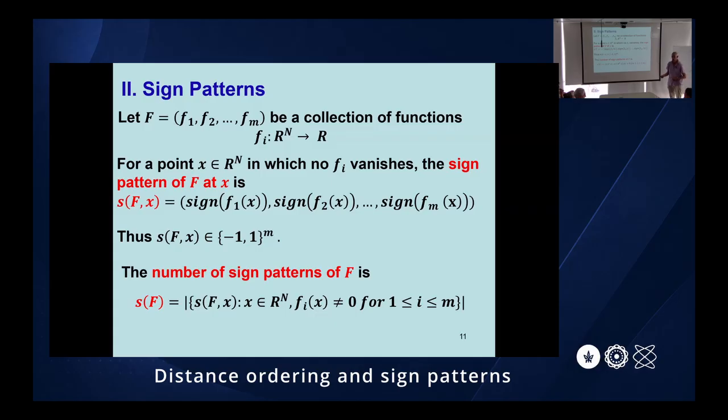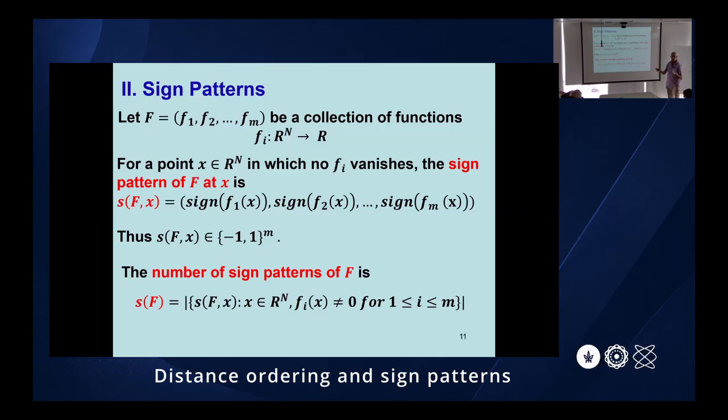Okay, well, let me talk about sign patterns, and this is more general, so you can for a while forget what I said so far. Here is the relevant description of what we mean by sign pattern. We have a sequence of m functions, just a collection of functions. I don't want to assume anything about them, maybe afterward.